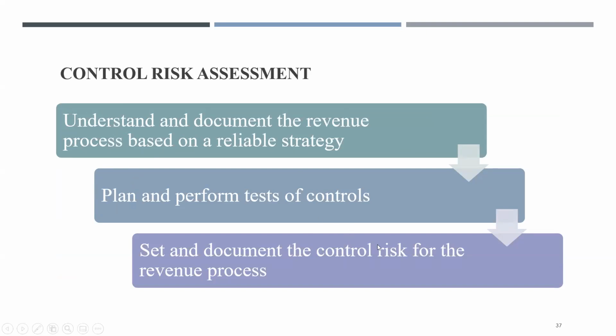Are they high or low? Are they acceptable or very high? So if based on your own understanding you think the control risk in sales is not very high, you're going to do the test of controls. If you think it's very high, you don't want to rely on them, and you wouldn't do that.